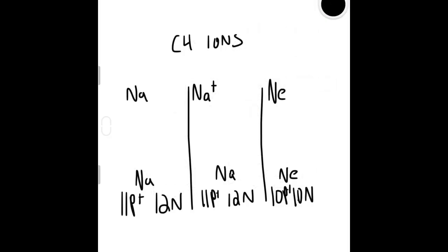So if we were to take a look at an example, we're going to use sodium as our example. And I've drawn out three scaffolding things to help us with this example. We'll start on the left here, where I've drawn that arrow, and just draw what a sodium atom would look like. So it has 11 protons, and it's neutral, so it's going to have 11 electrons.